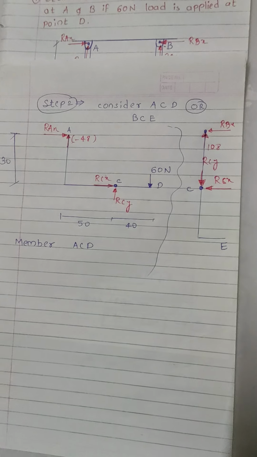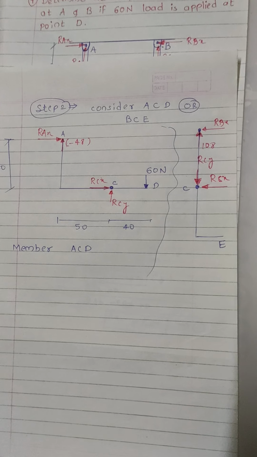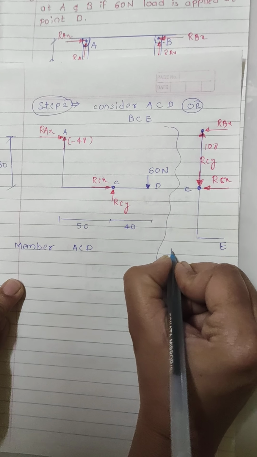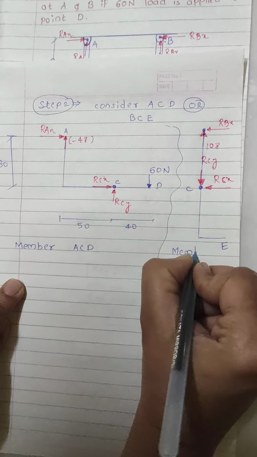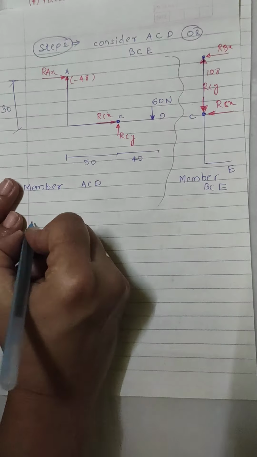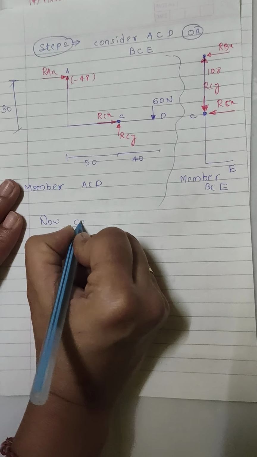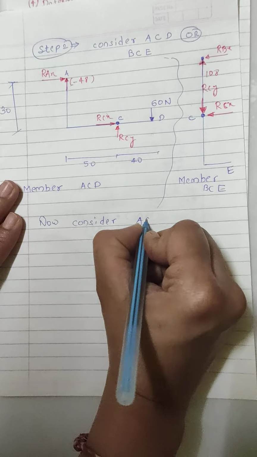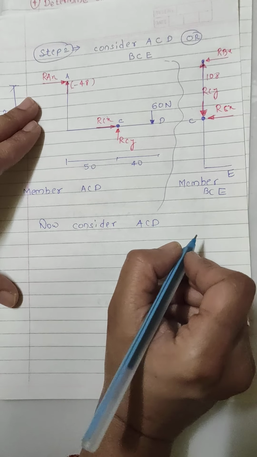So either I can consider ACD or BCE. I can consider any one of the members. I am going to consider member ACD for getting the desired solution.